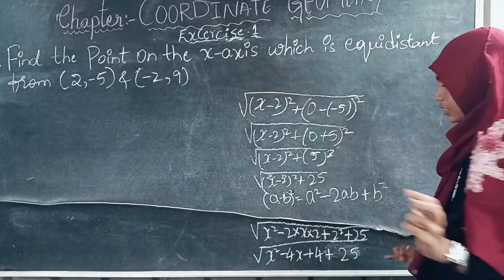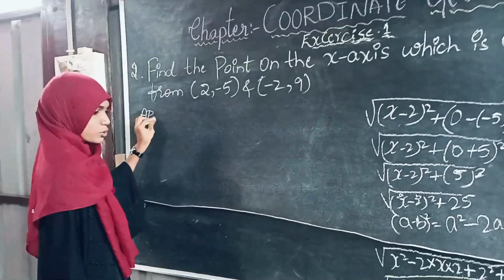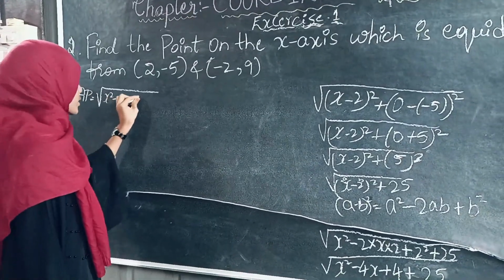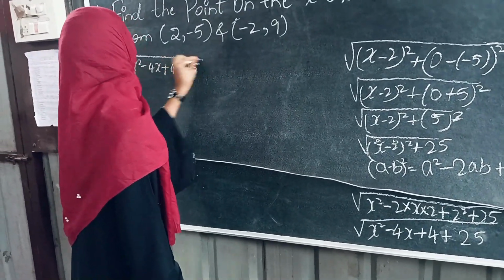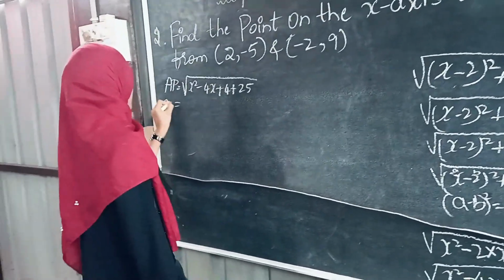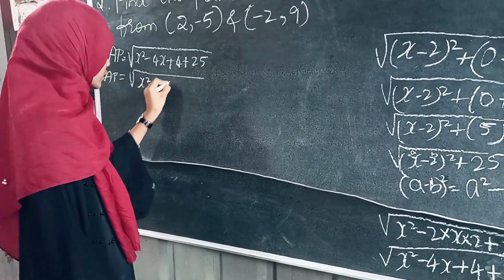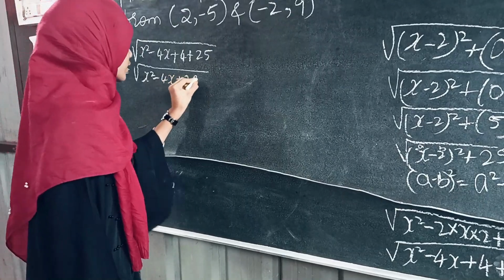Let's write this here so it becomes easy to solve. AP is equal to root of x square minus 4x plus 4 plus 25, which is root of x square minus 4x plus 29.